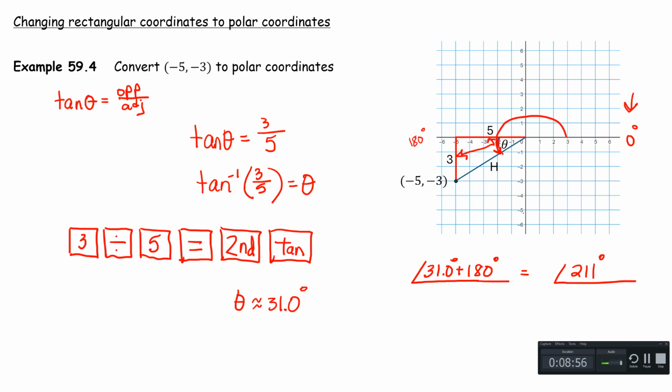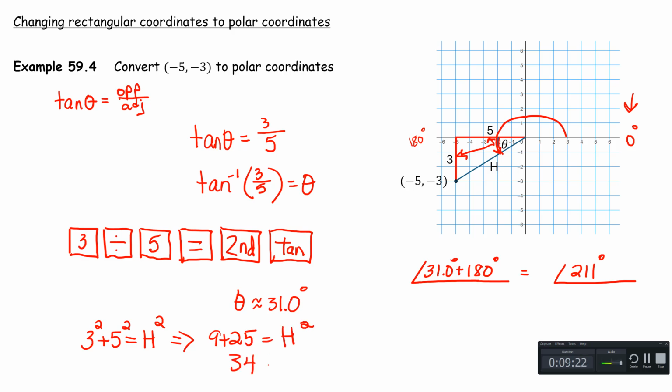And now we need to find h, or really what we should be calling it is r, the radius. So to find that, we could use another trig function, but the easiest way in this case is to use the Pythagorean theorem. So we will say 3 squared plus 5 squared is equal to h squared. So that means that 9 plus 25 is equal to h squared.